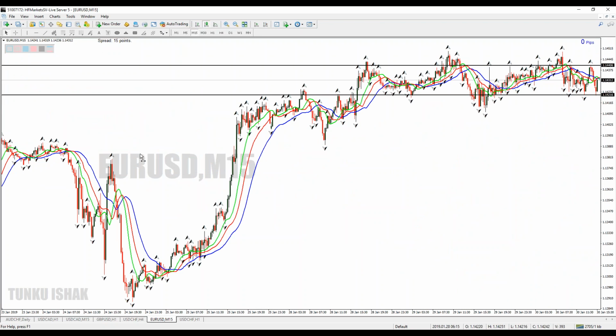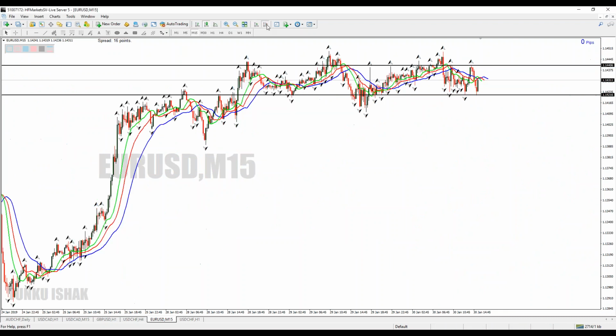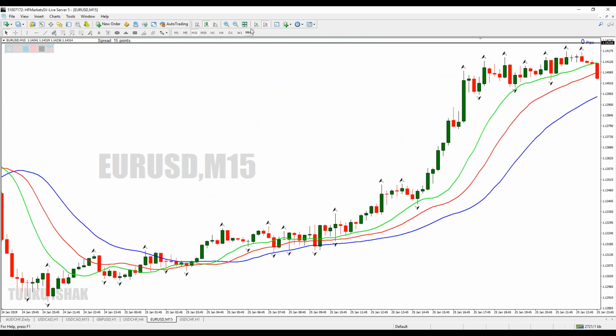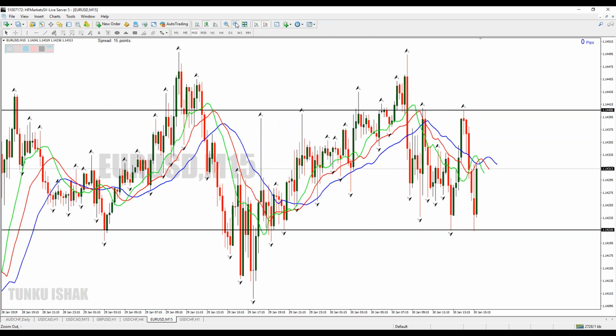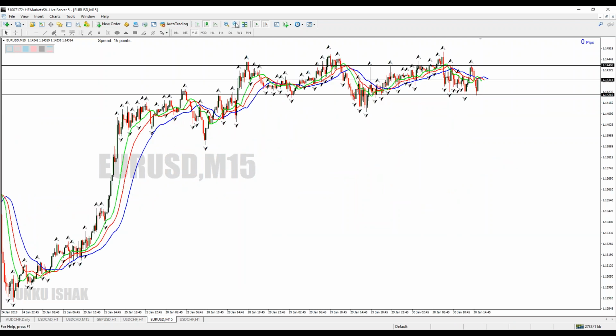You can see the trend, you can know, okay, now it's in the sideways zone. Relax. If we zoom in, you can see, oh, now it's trending. No, please try to zoom out to see the trend. Currently the trend is strong up, but how strong it is, it stays sideways.